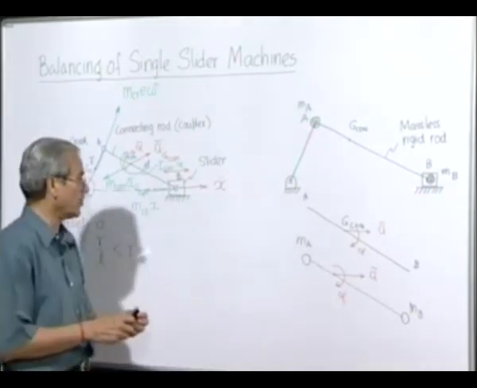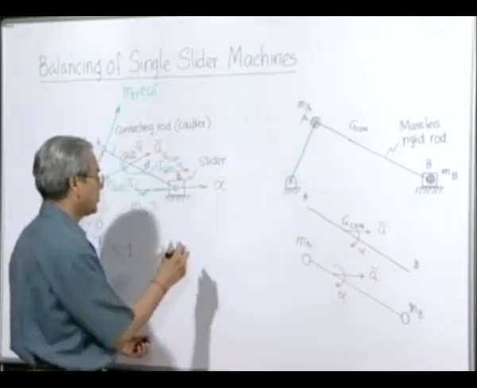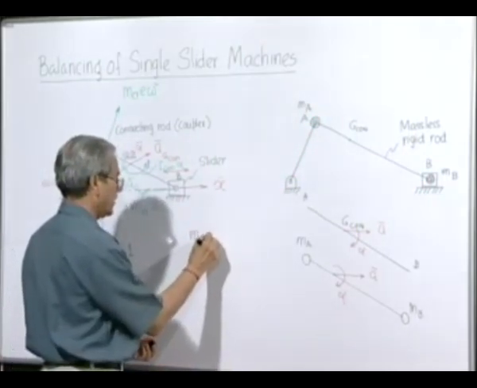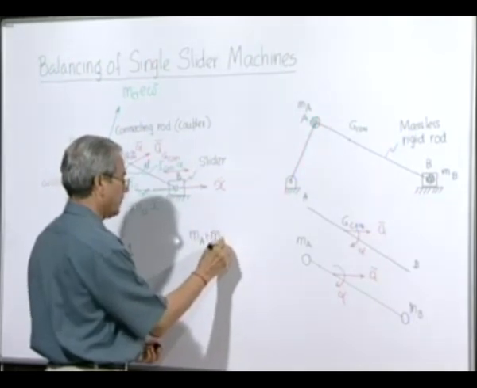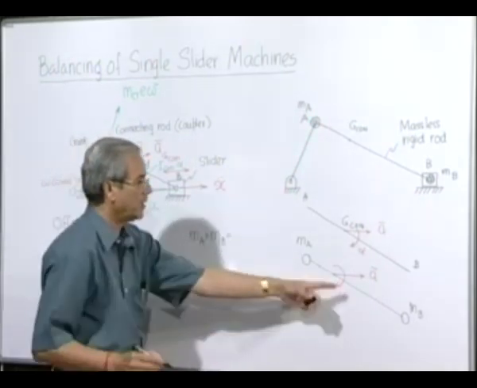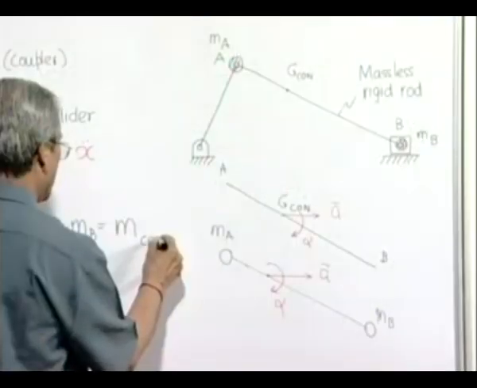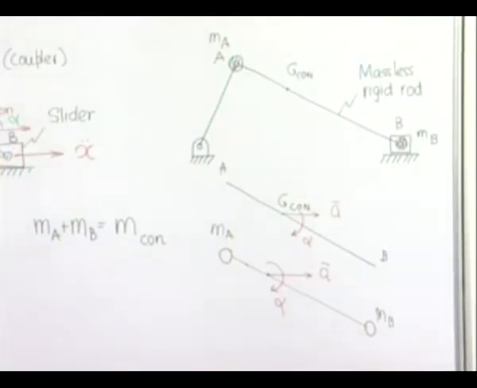This equivalence will be possible when the total mass of the replaced system, Ma plus Mb, must be equal to the total mass of the connecting rod. That is condition number one.